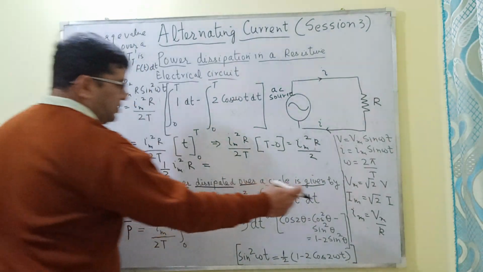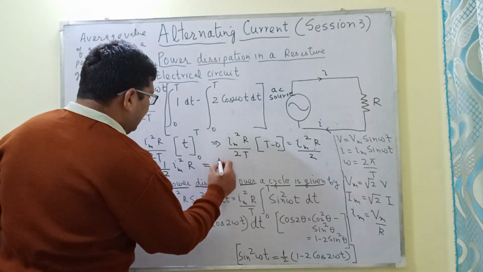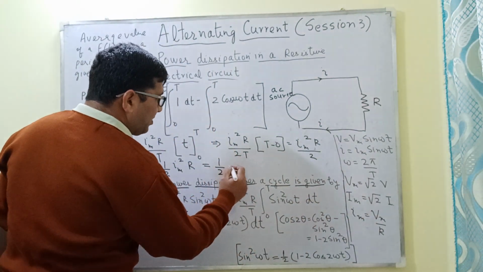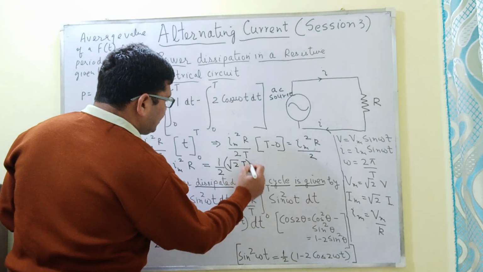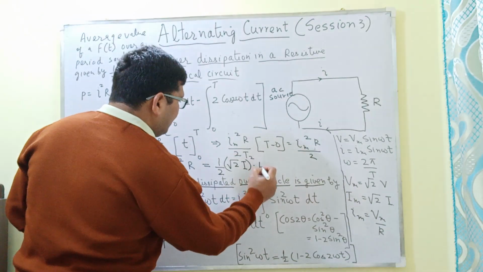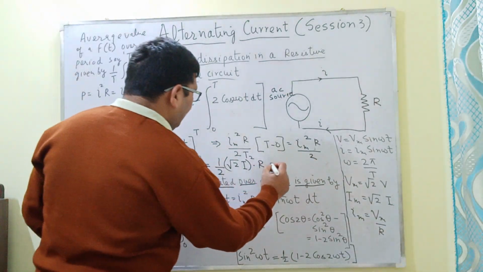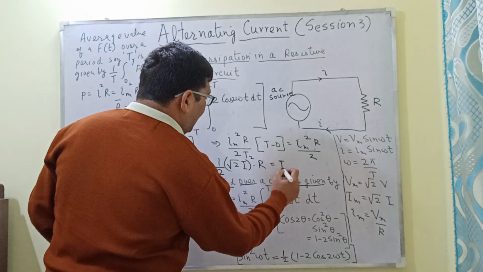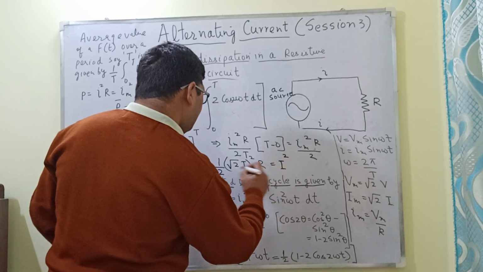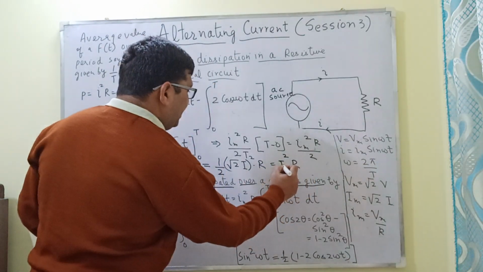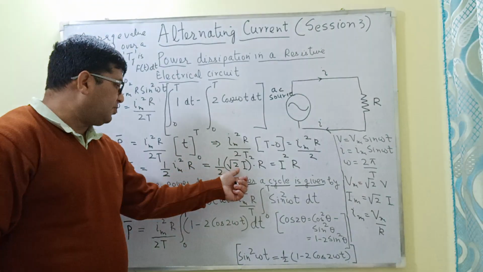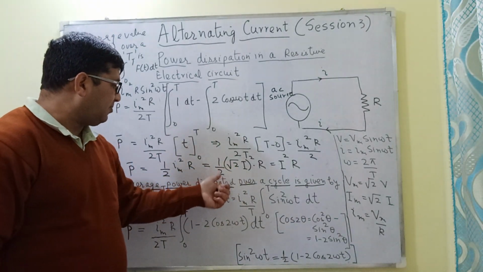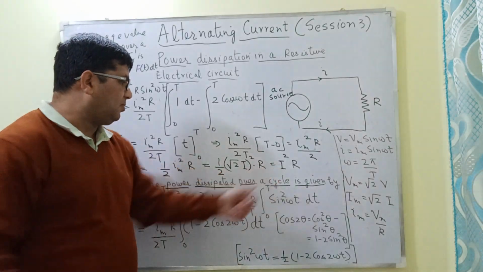So if I substitute this value here, I will get 1 by 2 into root 2 I whole square into R, and this will be equal to I square R, because root 2 squared becomes 2, so 1 by 2 into 2 gets cancelled out.